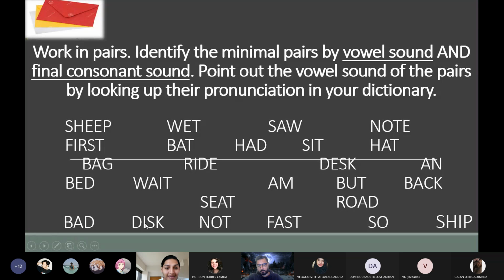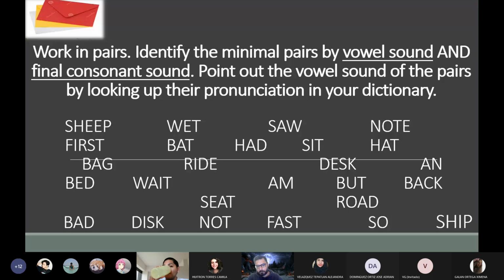Desk, desk. Another minimal pair. This is a vowel sound, right? One more. One more. Can anybody help me?